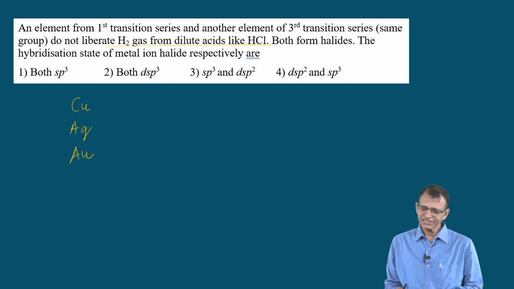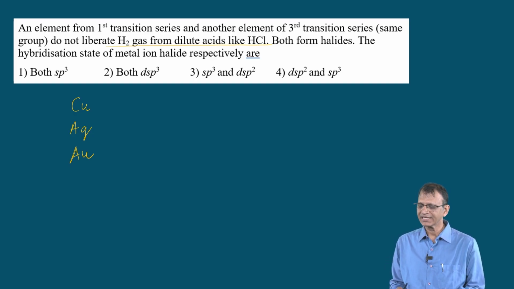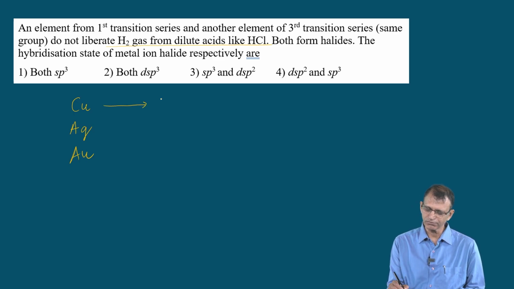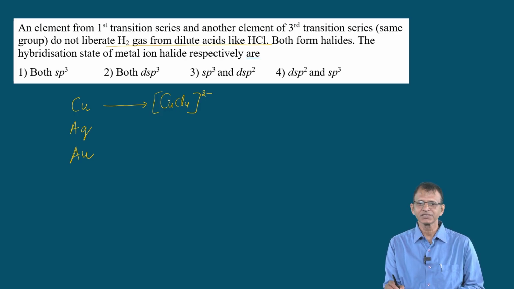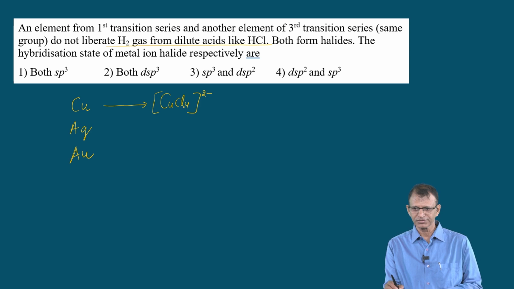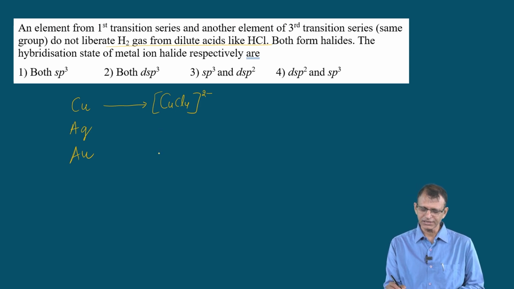The hybridization state of the metal ion halide respectively are asked. So copper can form CuCl4. This complex is also given in chemical equilibrium, which is blue in color, and we are doing a lab test based on this compound. So at room temperature it is blue in color.